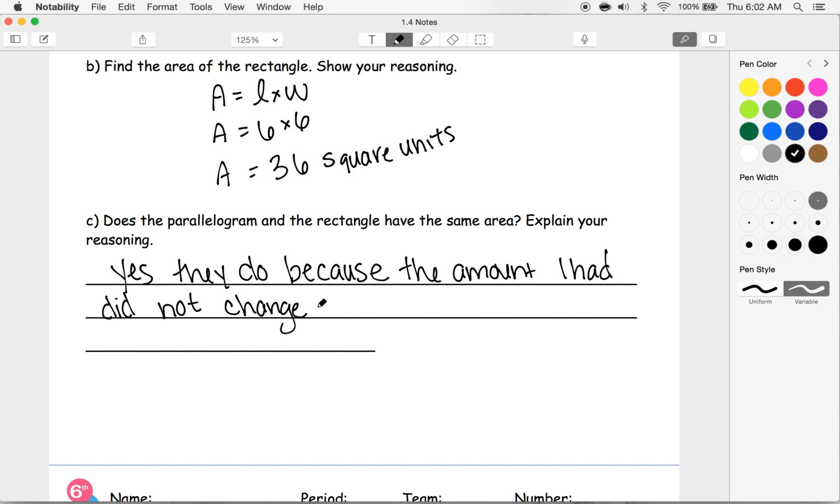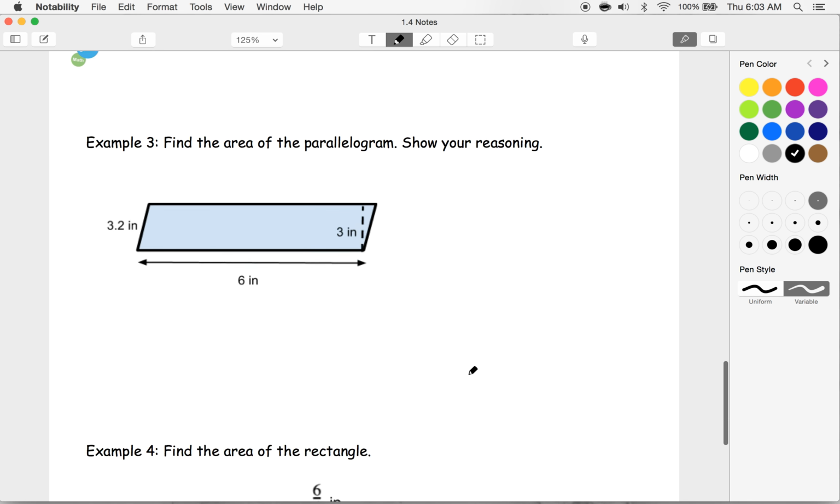I just moved it. So of course the area is the same. They're really just the same shape, except we cut off a triangle on one and moved it. Okay, let's keep on going.